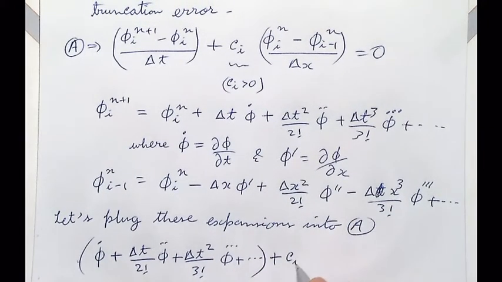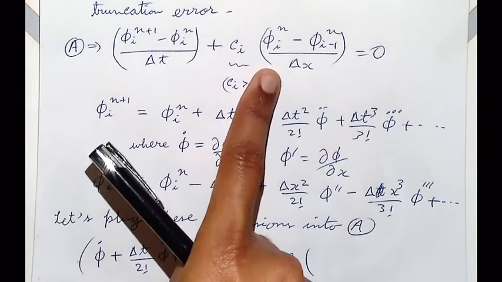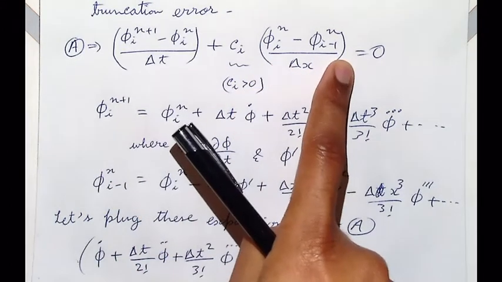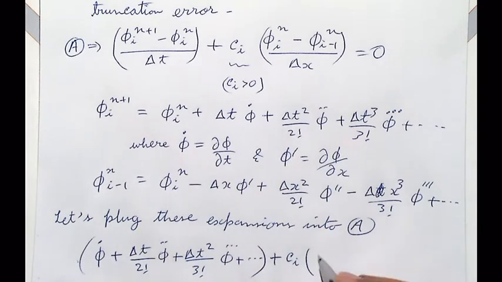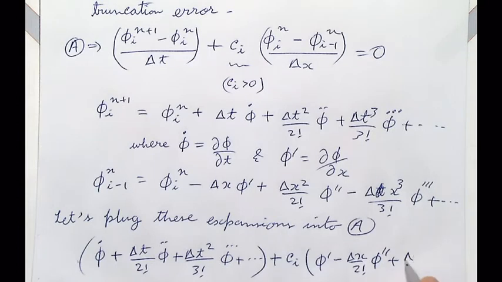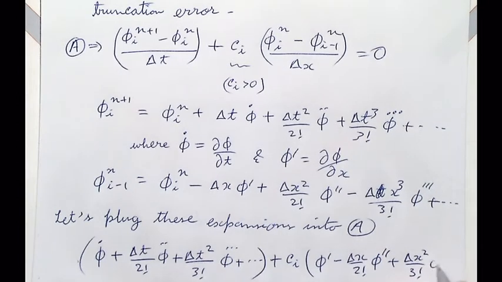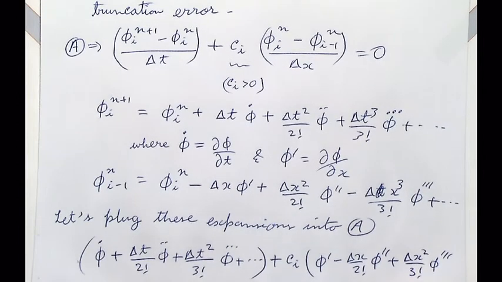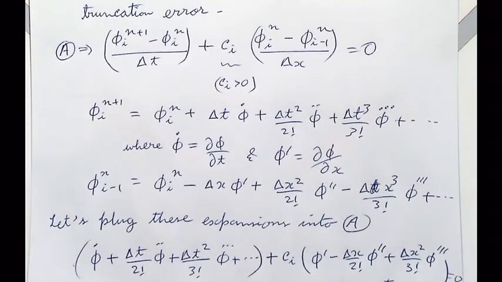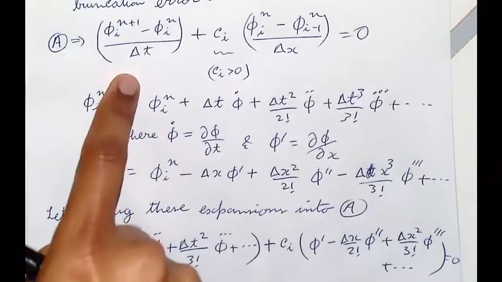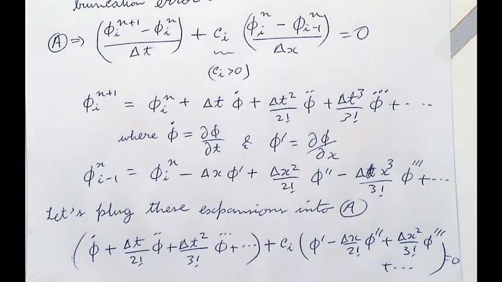The next term, phi_i^n minus phi_(i-1)^n divided by delta x, gives phi prime minus delta x over 2 factorial phi double prime plus higher order terms, equals 0. Make sense? I've done nothing fancy. I've just taken these Taylor series expansions and plugged them into the discretized equation.